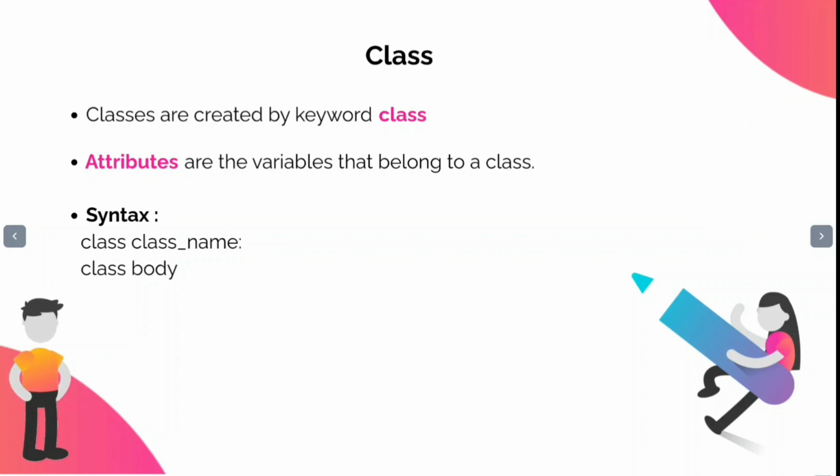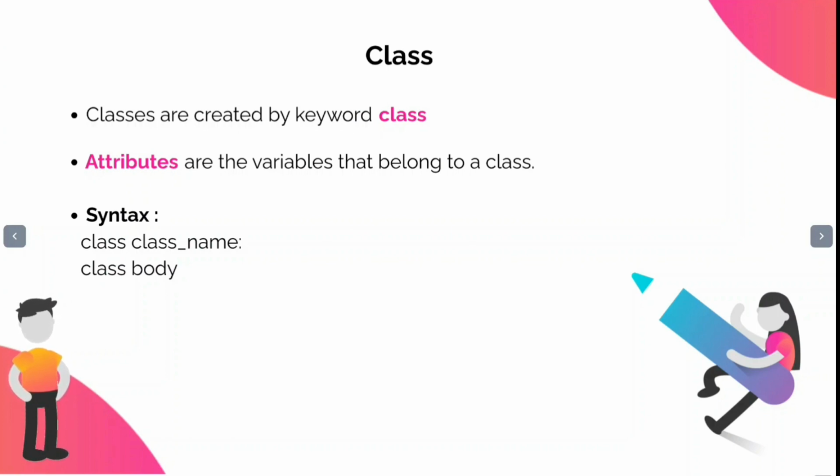Now that we have understood what a class is, let's see how we can implement them in a program. To create a class, we use the keyword class, and the class consists of attributes, where attributes are the variables that belong to a class.